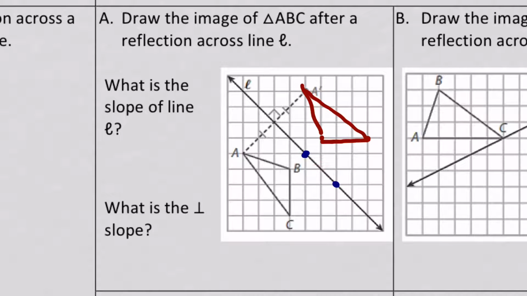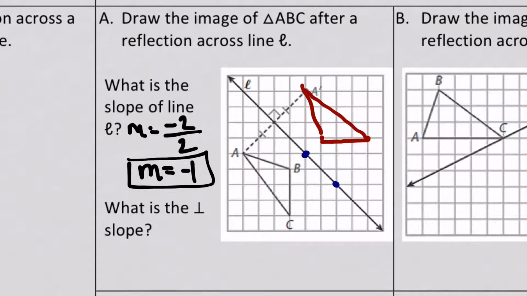From here to here, the rise is -2. The run is +2. See that? Down 2, right 2. So if the rise is -2 and the run is +2, that means that the slope is -1.